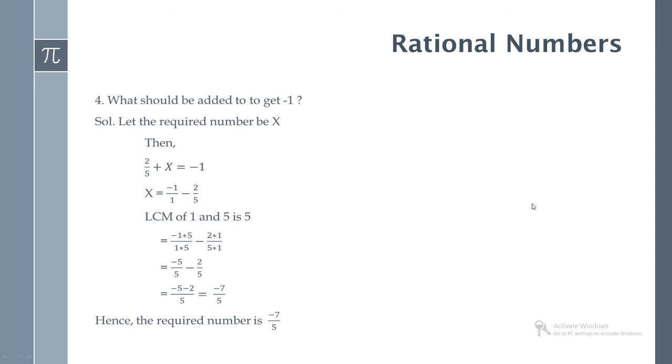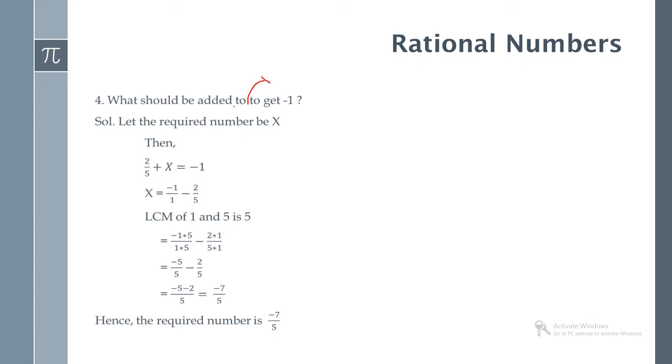Coming to the next one: what should be added to get minus 1? So what number should be added to get minus 1? I think I missed something here.